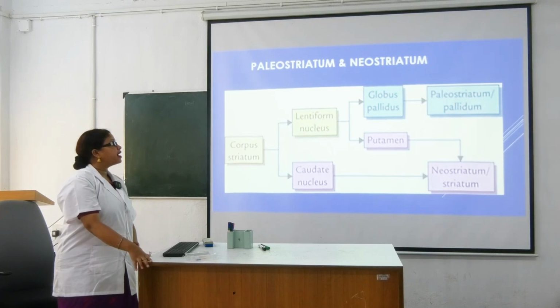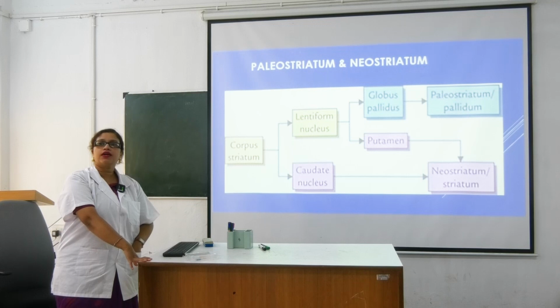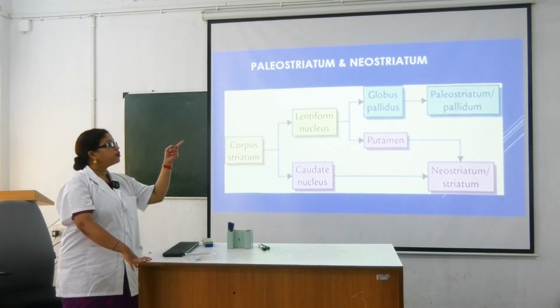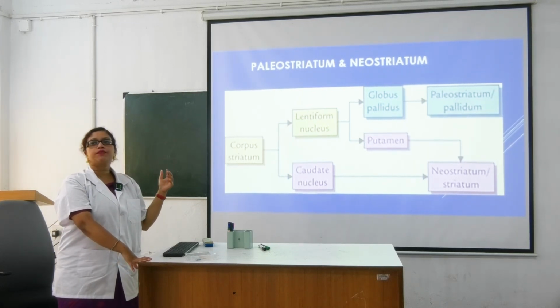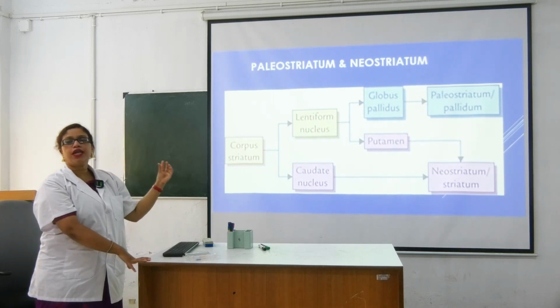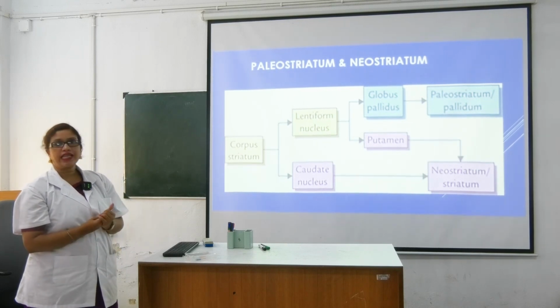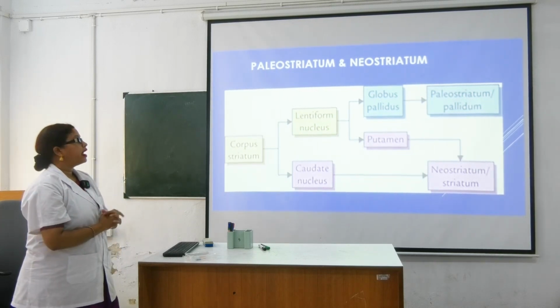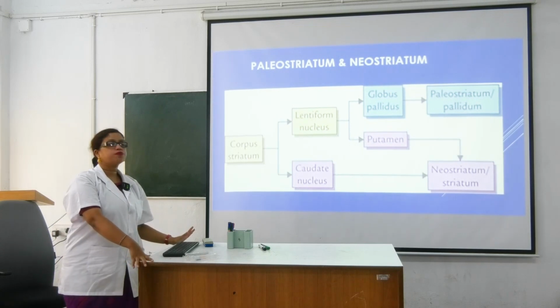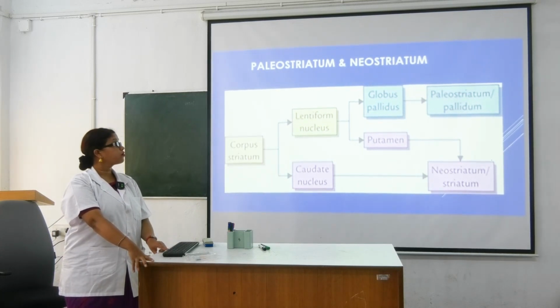So the corpus striatum, if you see, has two parts, lentiform nucleus and the caudate nucleus. Now the lentiform nucleus has two parts, globus pallidus and putamen. The globus pallidus is the only part of the pallidostriatum or pallidum. And the remaining, caudate nucleus and putamen, form the neostriatum.